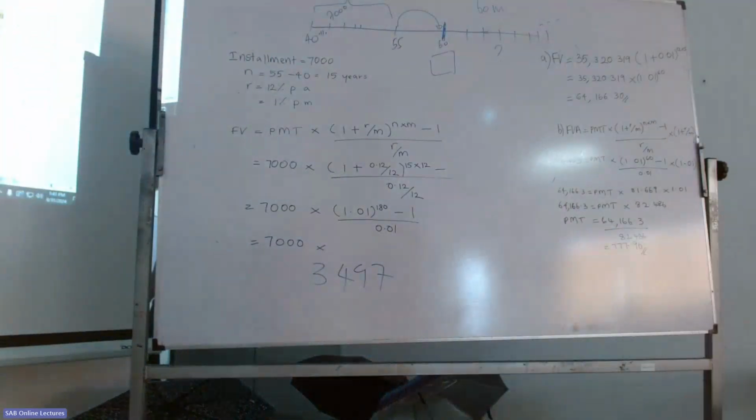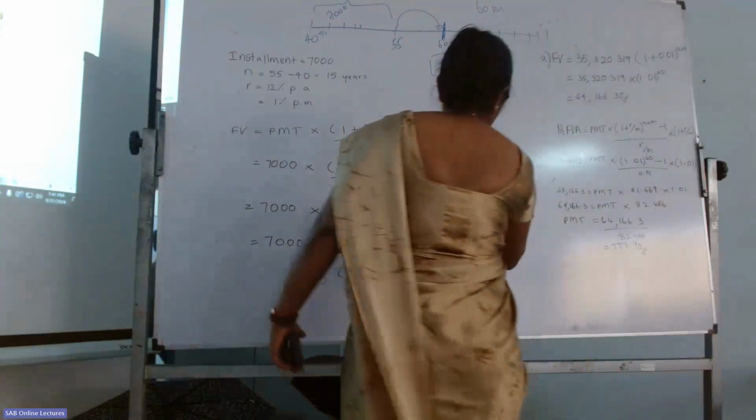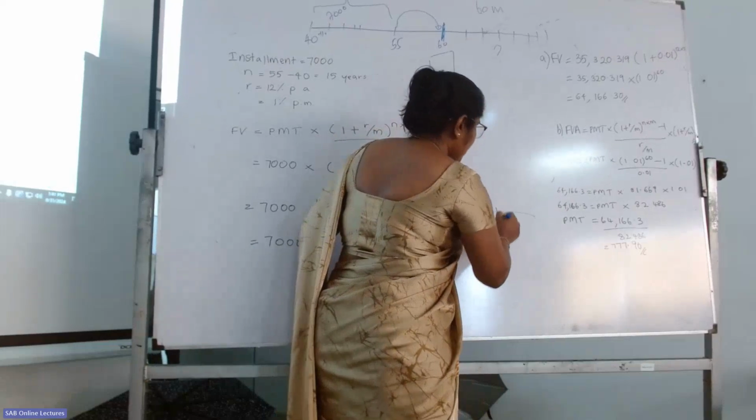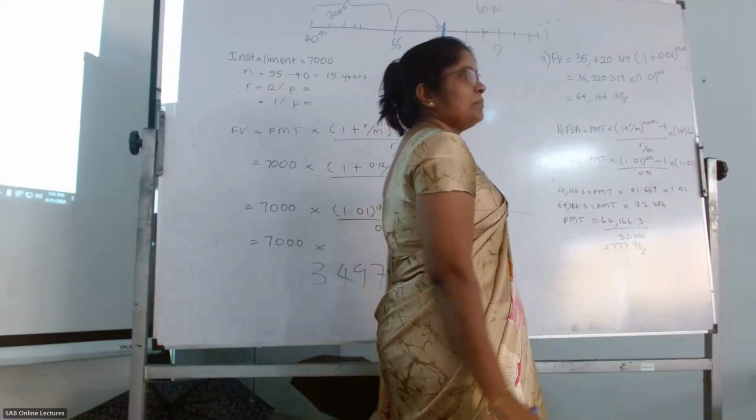No. One month from today. That is the meaning. One month from today, the ordinary payment. Beginning from today, one month from today, timeline calculate, other 0. So one month from today, next.